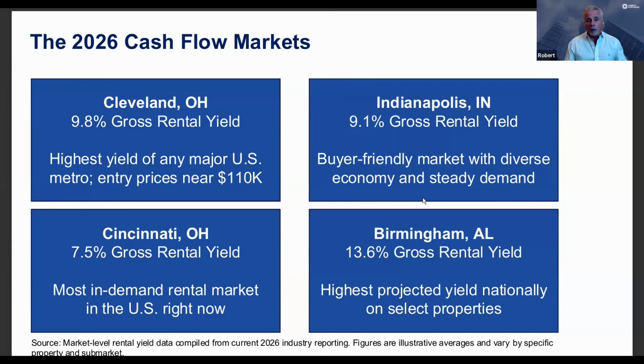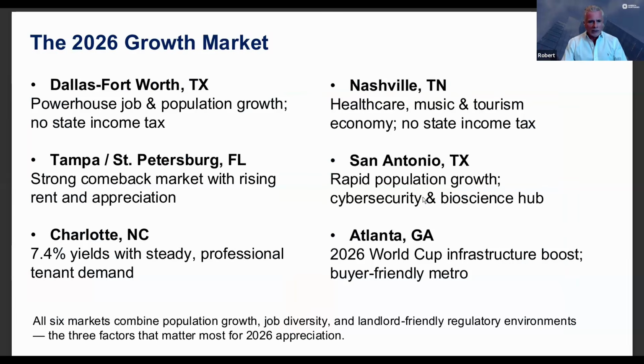And for us, there's no extra charge or add-on or whatever it is to make any of these things available for you. So again, we'll be sharing this with you, but this gives you just an idea of some fantastic growth markets and the reason why these are growth markets. It's either low taxes, industries moving into these markets, whatever it may be, but the demand for rental properties is extreme in these.